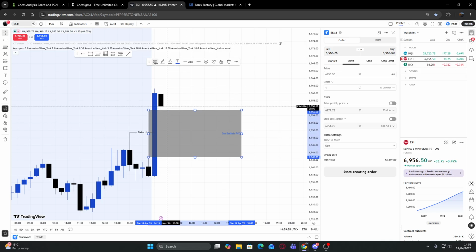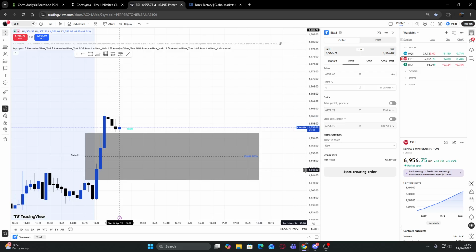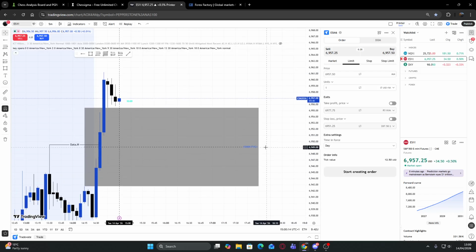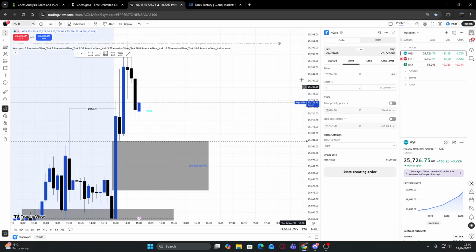Just gotta wait and watch. And I'm gonna mark this as my CE box. I'm calling this plus, just so that you know it's bullish. Instantly we get a move higher.